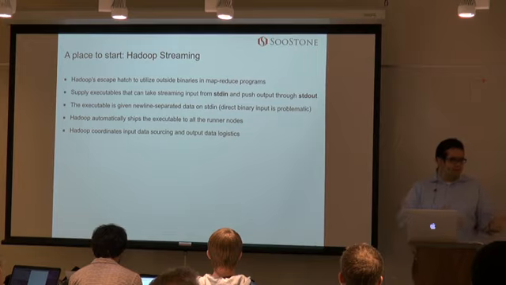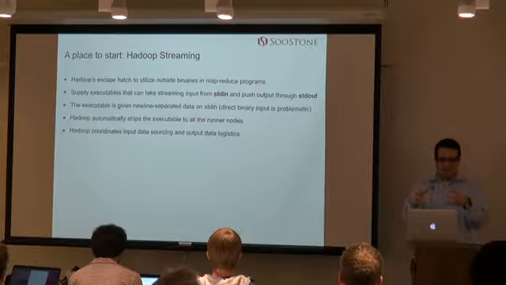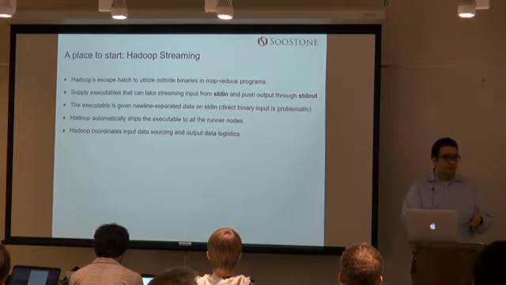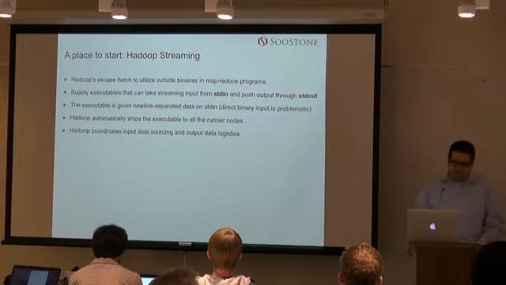But I guess there are some difficulties in the process because the way Hadoop Streaming is designed, it expects that binary to work with a newline separated stream of input, and it expects a newline separated stream of output from it. And then on each row, it expects tab delimited fields, and there's some other details too. It's just not very convenient to work with.